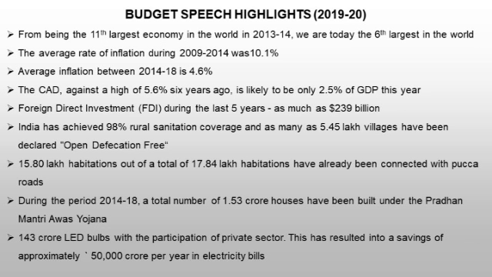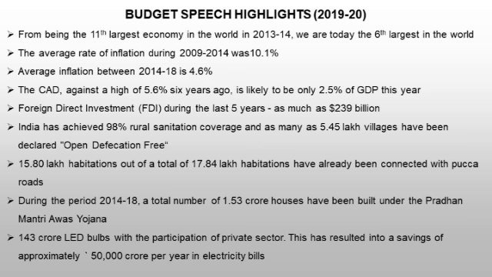Under this, the government collaborated with the private sector and replaced traditional incandescent bulbs with LEDs. The government claims it has resulted in 50,000 crore savings due to the efficient LEDs.